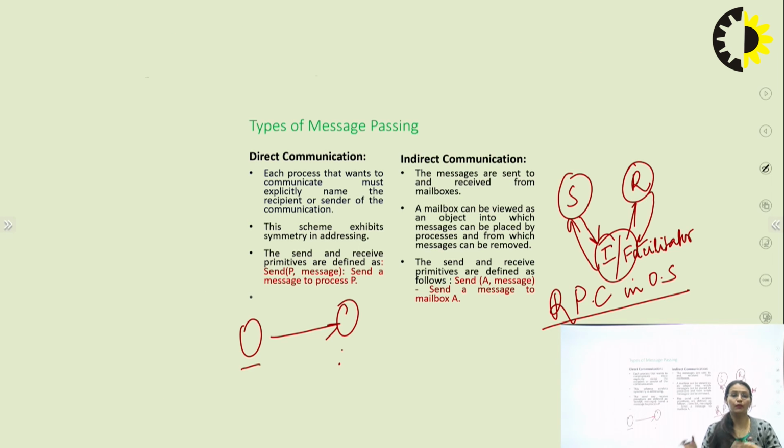So there is a repository between the sender and the receiver in which I place my messages, and if I am not willing to retrieve them further, I am able to delete those messages in that repository also. The primitive will be like send a message. Here A is the mailbox, which acts as the facilitator in between.